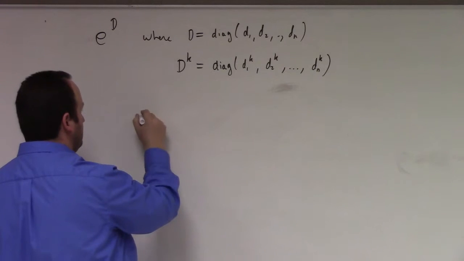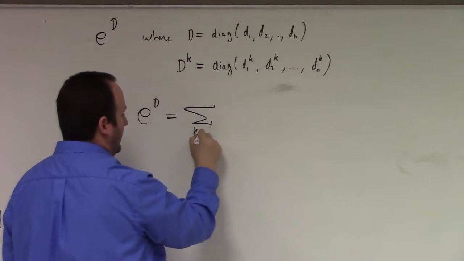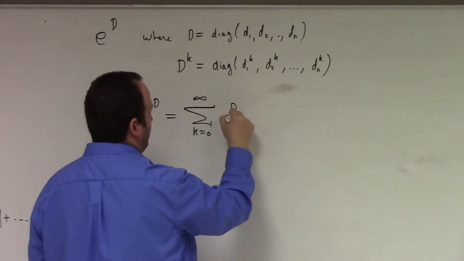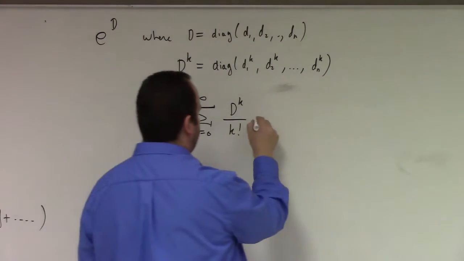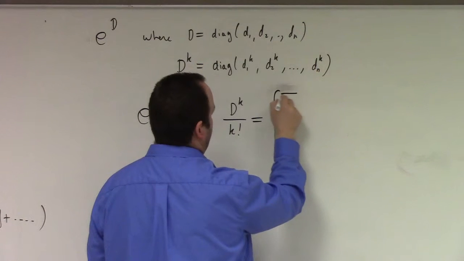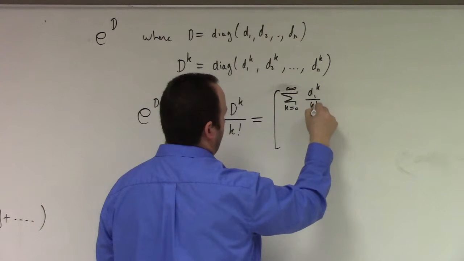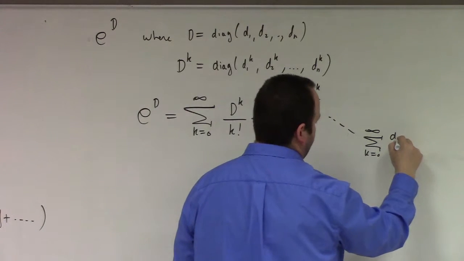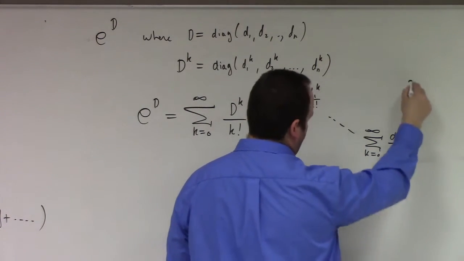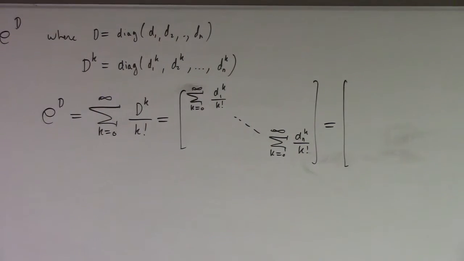Anyway, what's e to the D? It's the sum, k equals 0 to infinity, of D to the k over k factorial, right? But that's exactly the same as the sum, k equals 0 to infinity, of D1 to the k over k factorial, and so on.